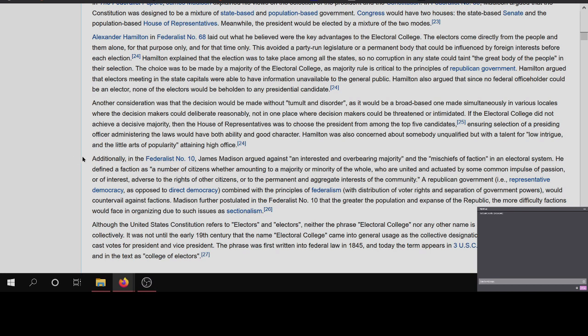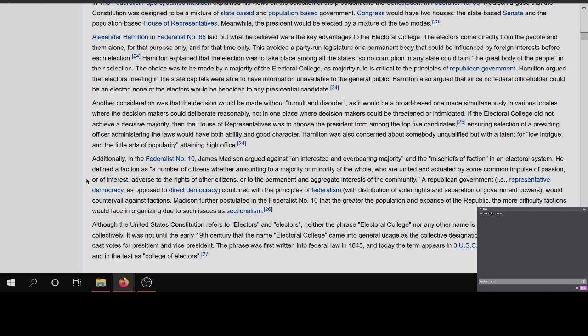Additionally, in Federalist No. 10, James Madison argued against an interested and overbearing majority and the mischiefs of faction in an electoral system. He defined a faction as a number of citizens, amounting to a majority or minority of the whole, who are united and actuated by some common impulse of passion or of interest, adverse to the rights of other citizens or to the permanent and aggregate interests of the community.